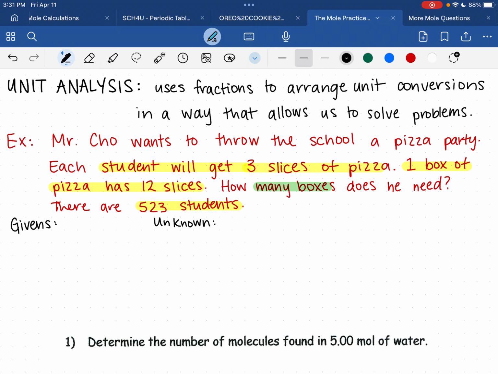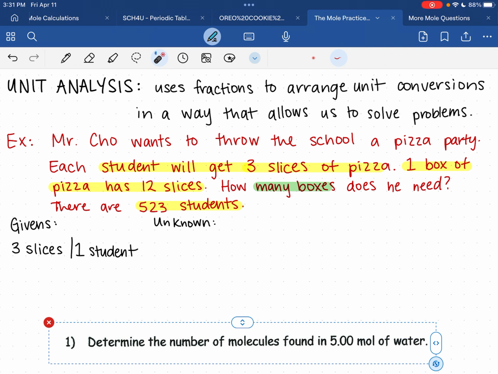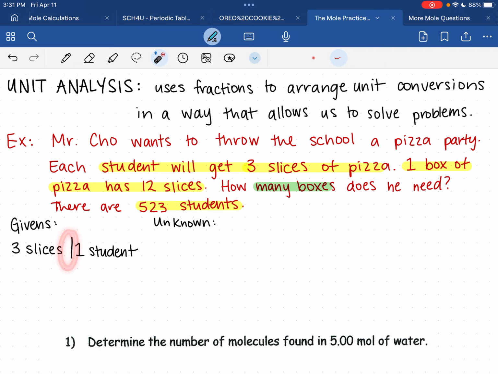So our givens here are these yellow highlights. So each student gets 3 slices of pizza. So 3 slices per student. 3 slices per 1 student. And when I write this sign like that, that's the same as saying 3 slices over 1 student.